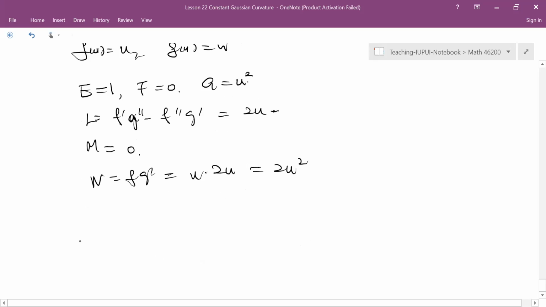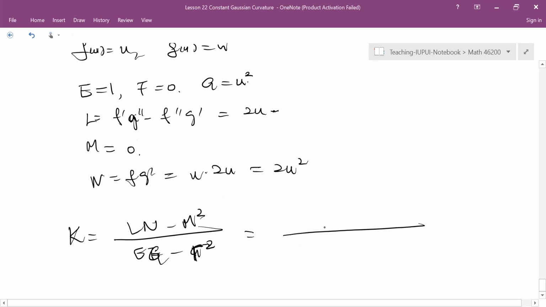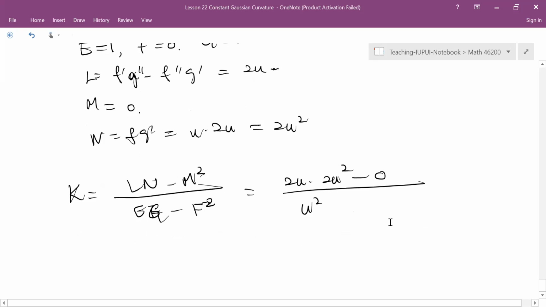So the Gauss curvature is LN minus M squared over EG minus F squared. Okay, let's put them together. LN is 2u squared, M is 0, EG minus F squared is u squared.